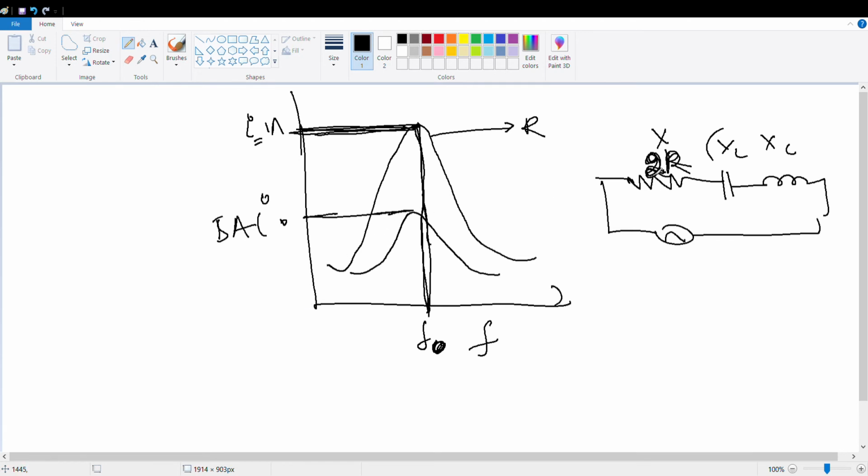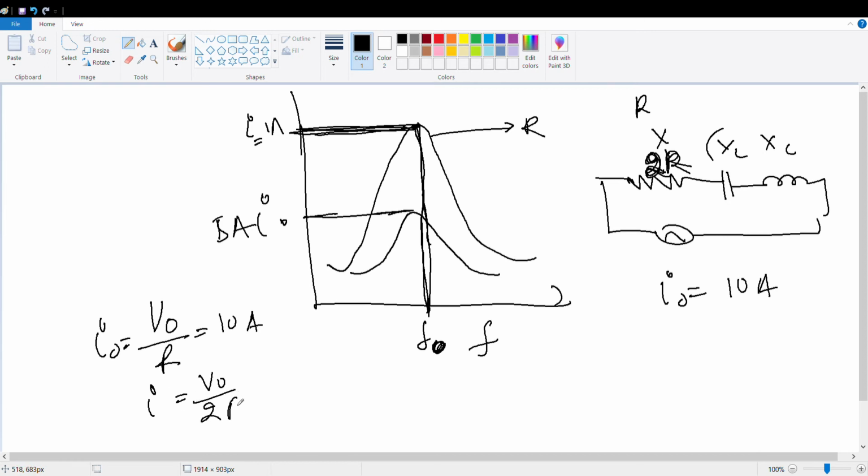When your resistance was R, your current was, let's say, 10 ampere. I am doubling the resistance. Previously your I naught was V naught by R, that is 10 ampere. Now I am making R double, so your resistance will be 2R.